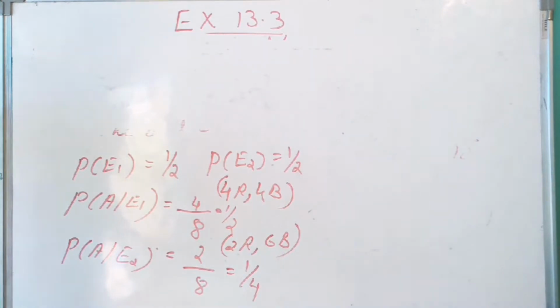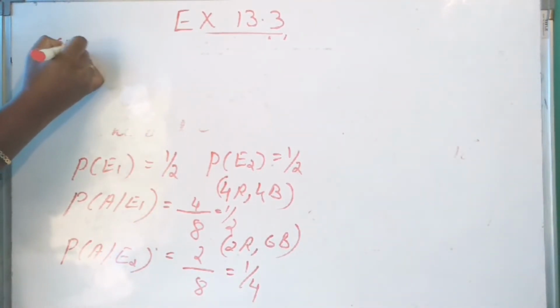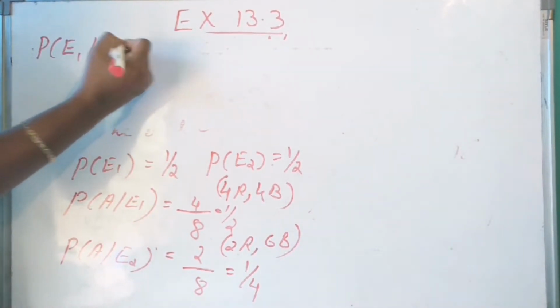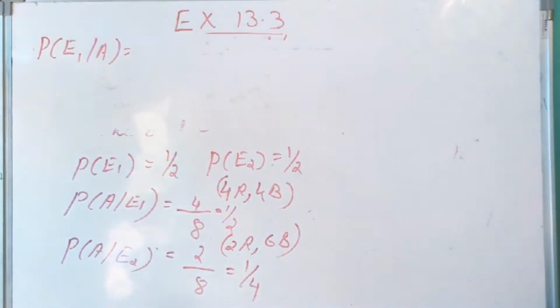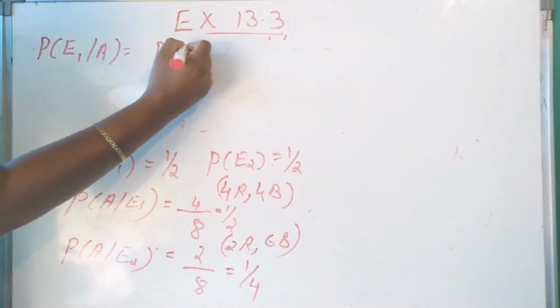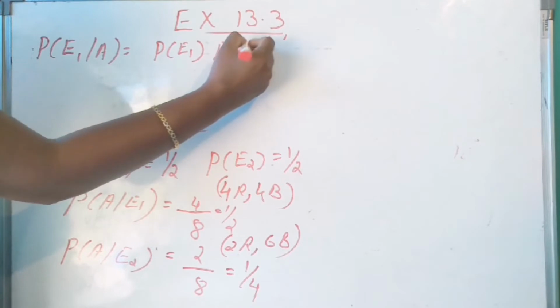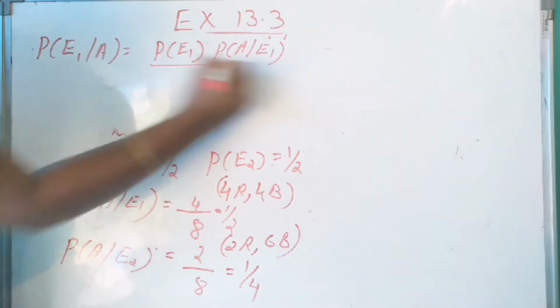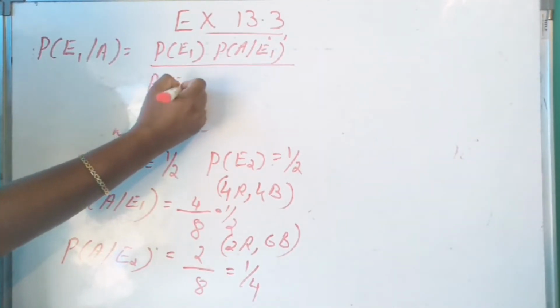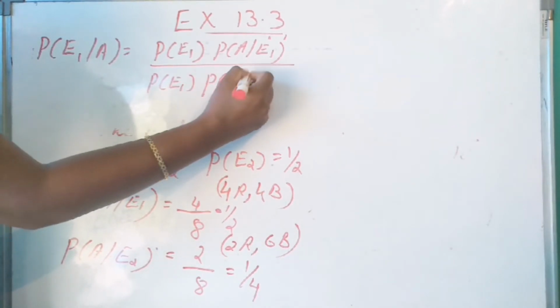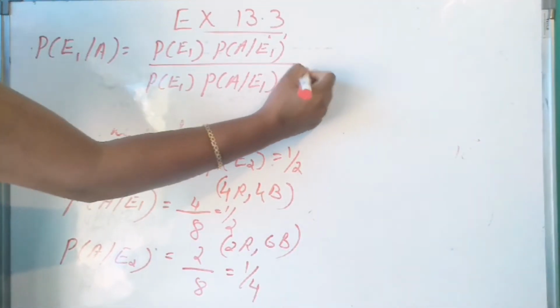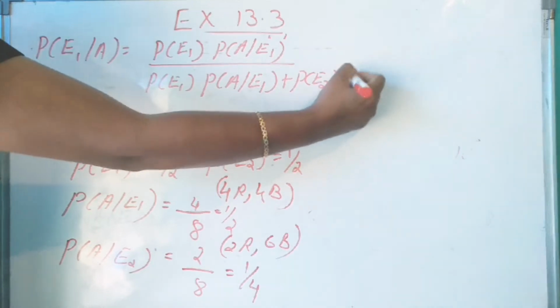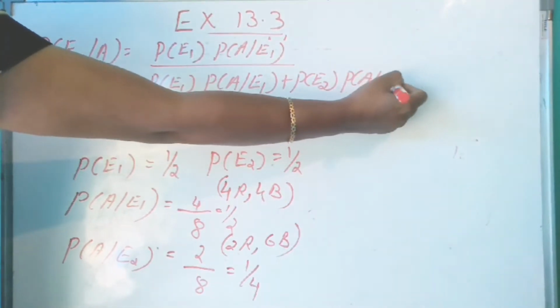P of E1 given A is equal to P of E1 into P of A given E1 divided by P of E1 into P of A given E1 plus P of E2 into P of A given E2.